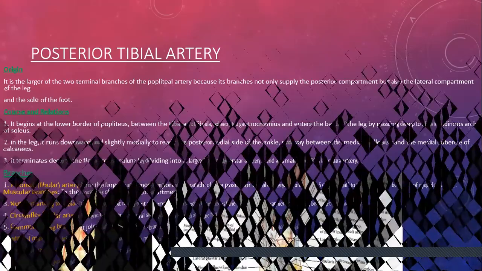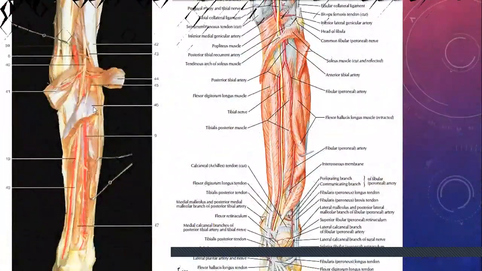So here we are. This is your popliteal artery. Then here you can see this artery which is running with a nerve. This is the posterior tibial artery and the tibial nerve. This is your peroneal artery. You can see here, it is crossing the soleal arch.